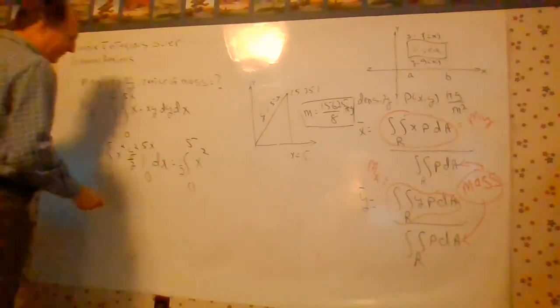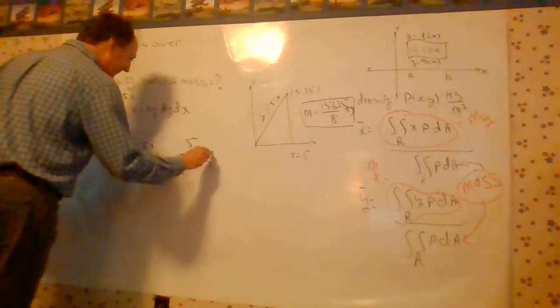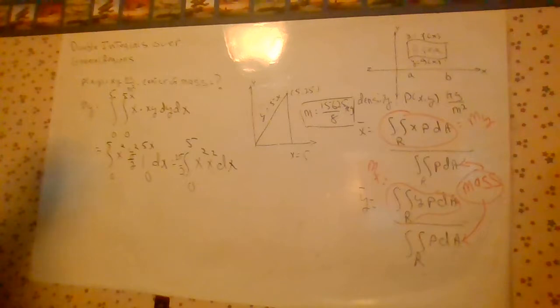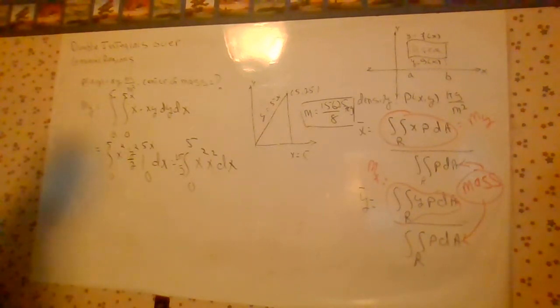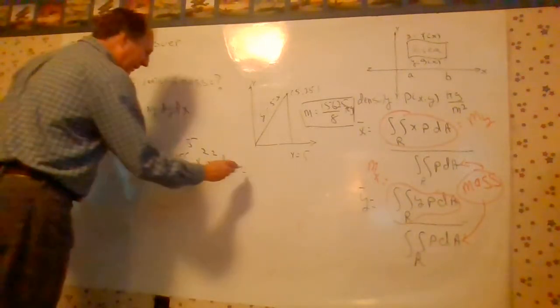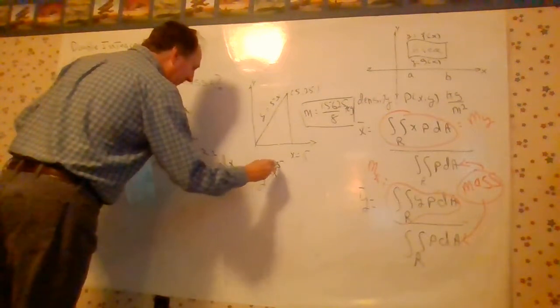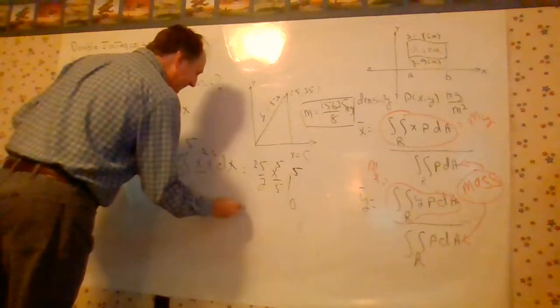And then 25x squared. Actually, you can put 25 here if you want. x squared dx. Okay, I think that's all right so far. Well, this is x to the 4th. And so we have 25 over 2 times x to the 5th over 5 from 0 to 5.